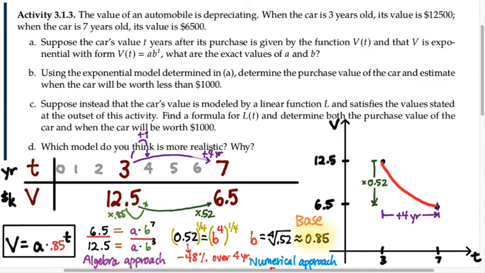So if t is 3, then that means that v is 12.5. And we get 12.5 equals a times 0.85 to the power 3. And so a is nothing more than 12.5 divided by 0.85 to the power 3.